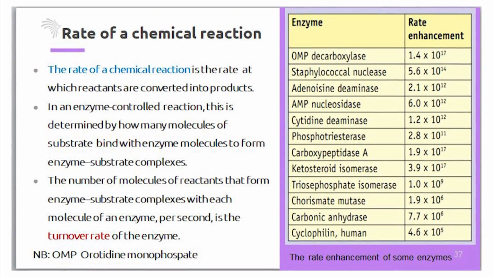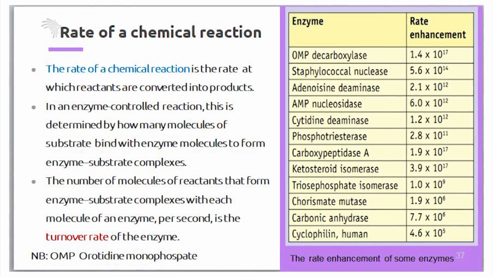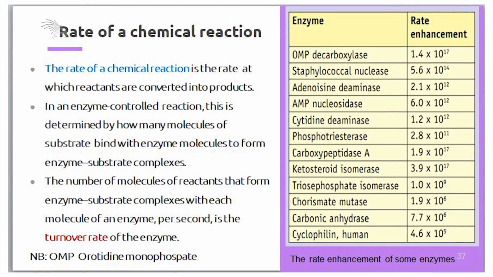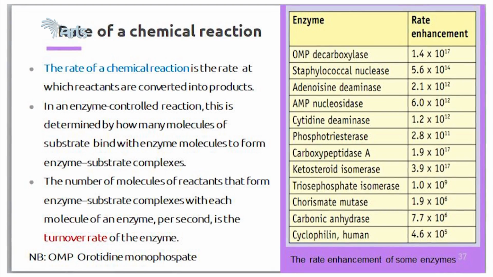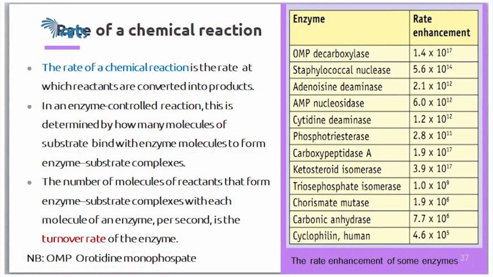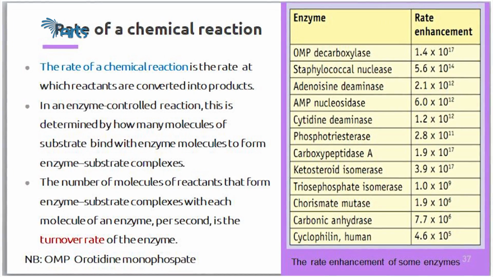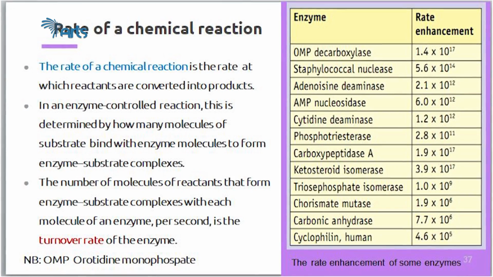This is a very huge capacity of this enzyme. The staphylococcal nuclease enzyme catalyzes 5.6 times 10 raised to 14 substrate molecules per second. So this is what you call the turnover rate of each enzyme. Furthermore, you can see the remaining part of this table.